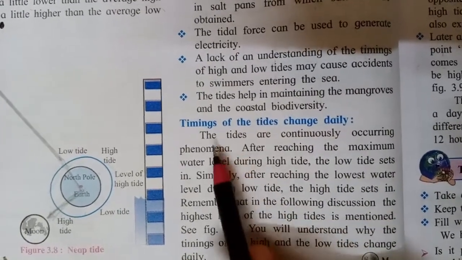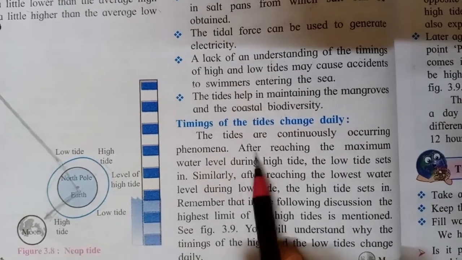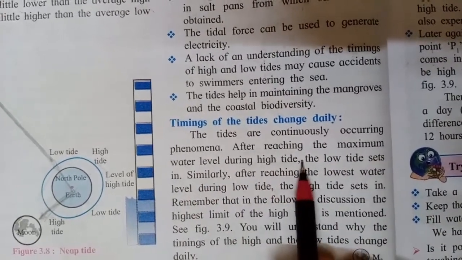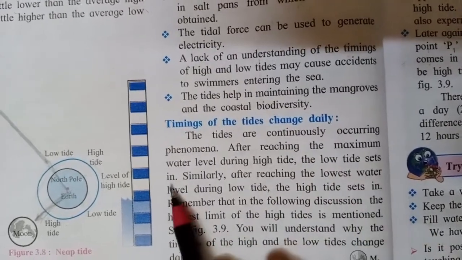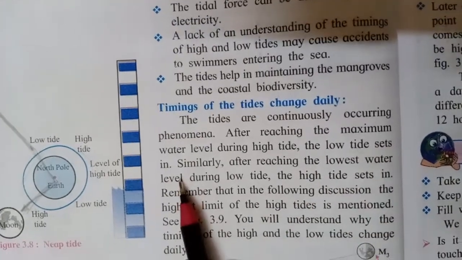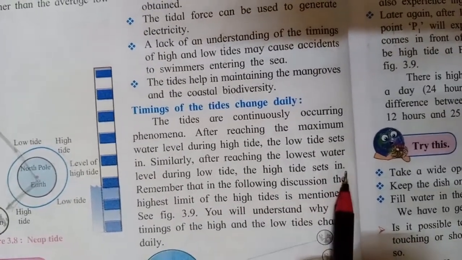So let's see. The tides are continuously occurring phenomena. After reaching the maximum water level during high tide, the low tide sets in. Similarly, after reaching the lowest water level during low tide, the high tide sets in.